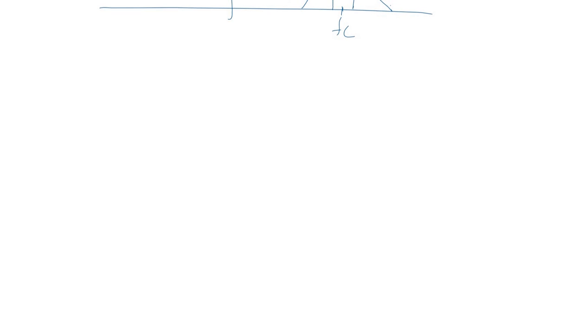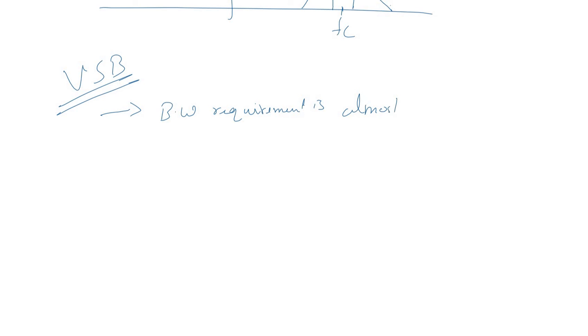Let us have a look at the vestigial sideband modulation first, right? This vestigial sideband modulation technique almost provides the same bandwidth. The bandwidth requirement is almost the same as the bandwidth requirement of SSB-SC.